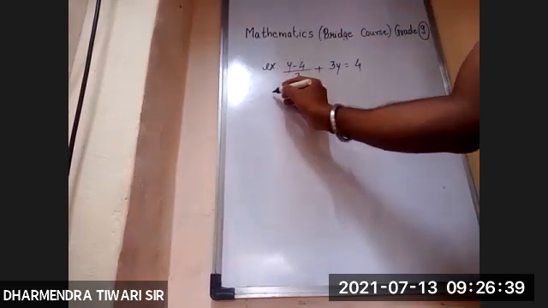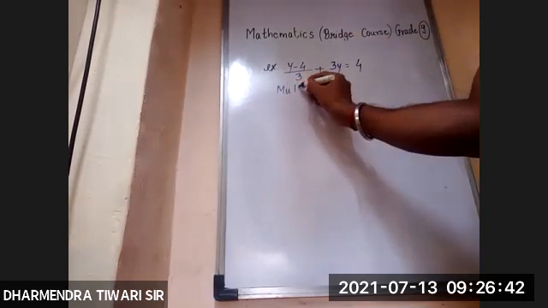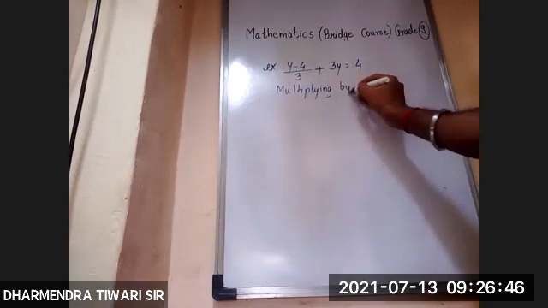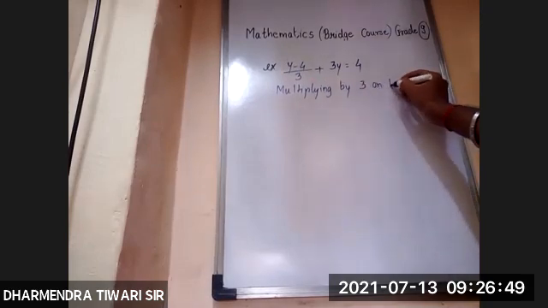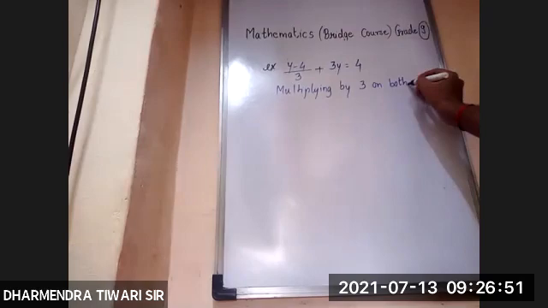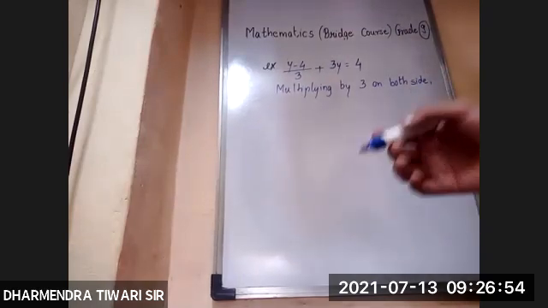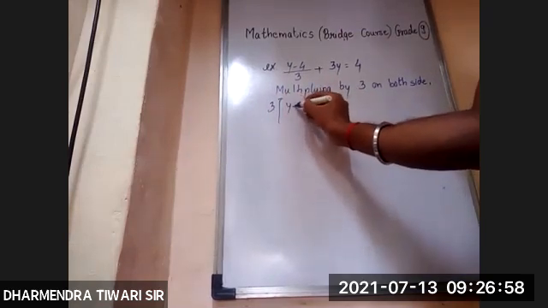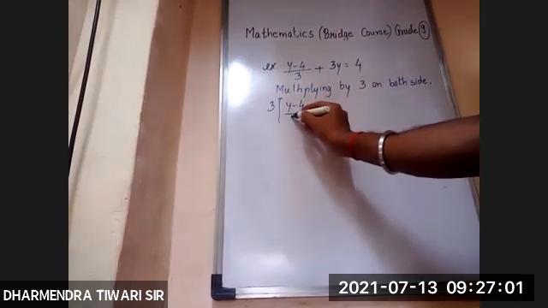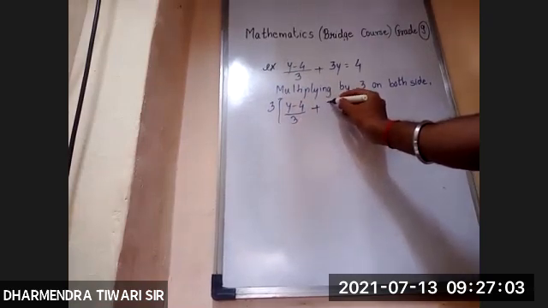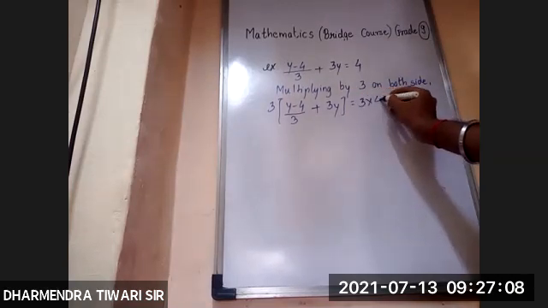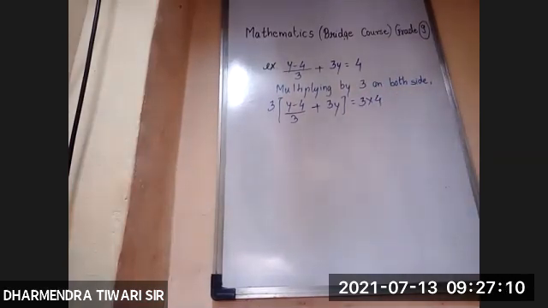So multiplying by 3 on both sides, we get 3 into y minus 4 upon 3 plus 3y is equal to 3 into 4. Hope you have understood this step. Now just open the bracket.